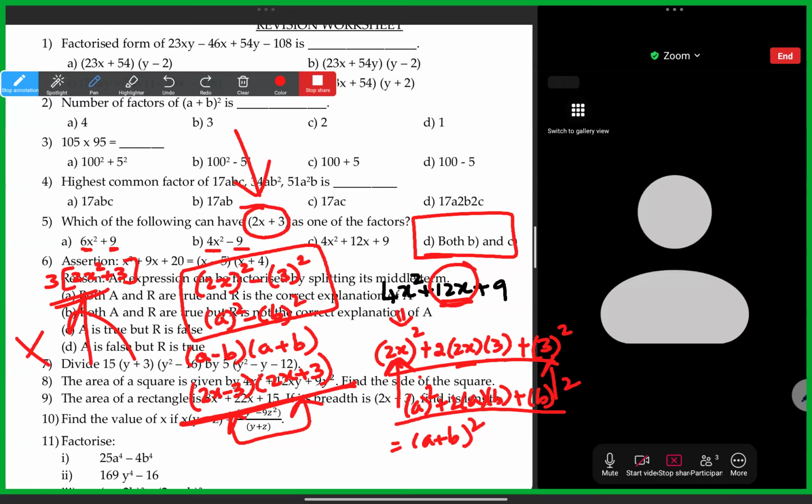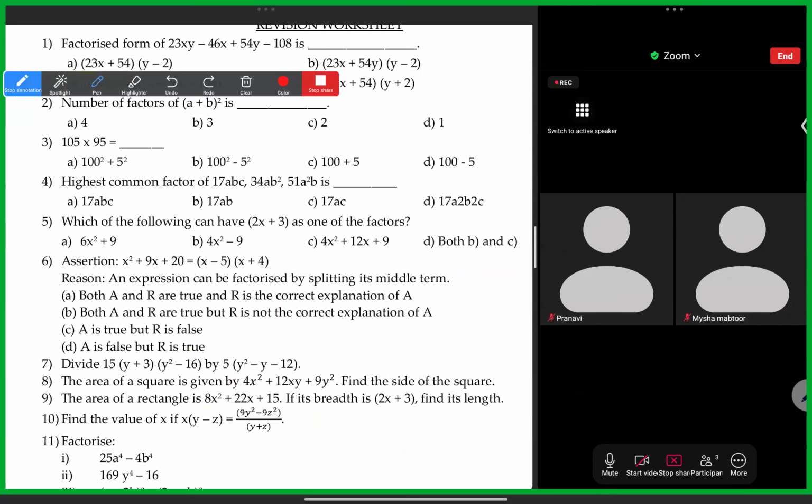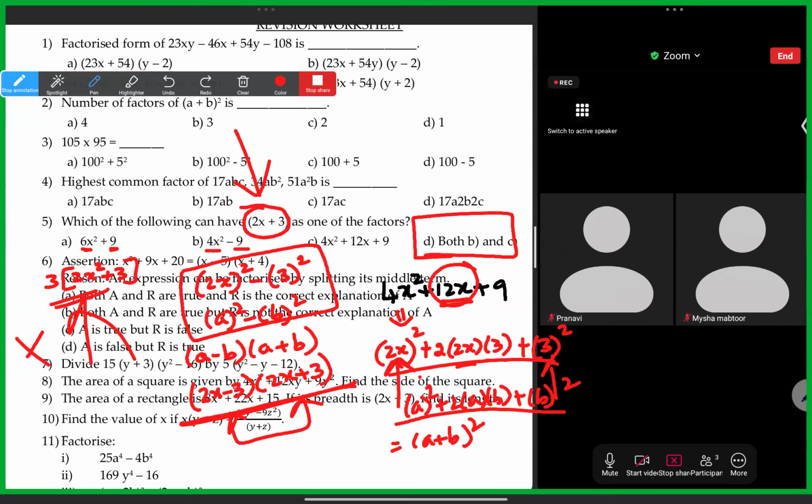Quickly, anyone of Pranav and Maisha, by comparing, what is there in the place of a and b? Sir, 2x in the place of a and 3 in the place of b. Yes, Maisha. So we can write like this, no? A plus b whole square. Yes, sir. It will become 2x plus 3 whole square.